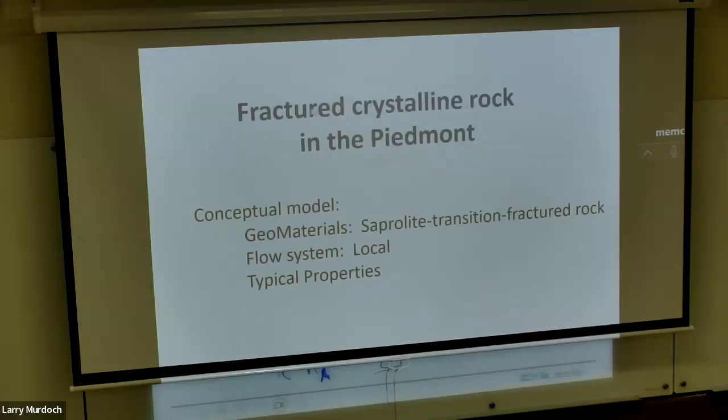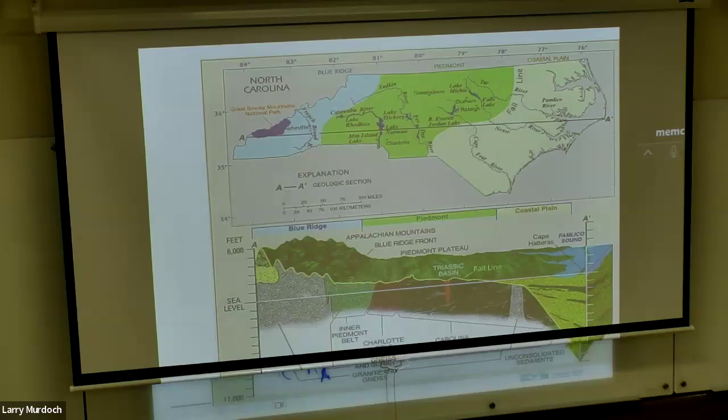So the crystalline rock here in the Piedmont, the conceptual model includes what geologic materials are here. And we'll see that there are these three main geologic materials, what the flow system is like. It's a local flow system, and the typical properties of the Piedmont.